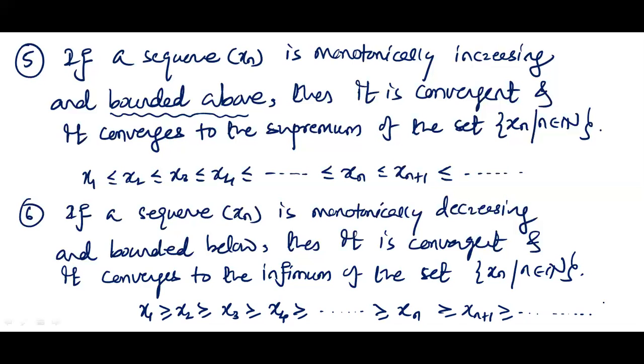So it is possible only if the sequence is convergent and converges to the infimum, means greatest lower bound of the set of all terms of the sequence. Okay. You can visualize note number 5 and 6 by taking particular types of examples.